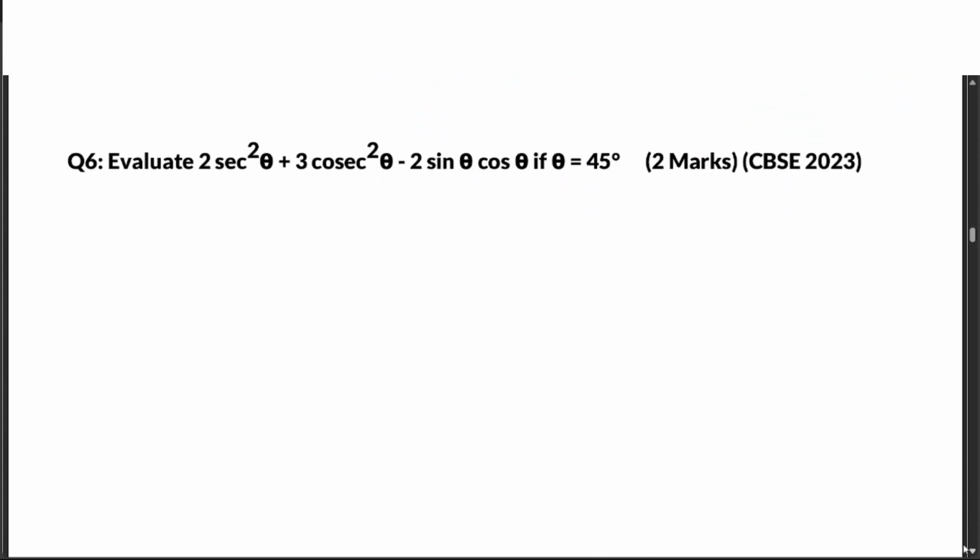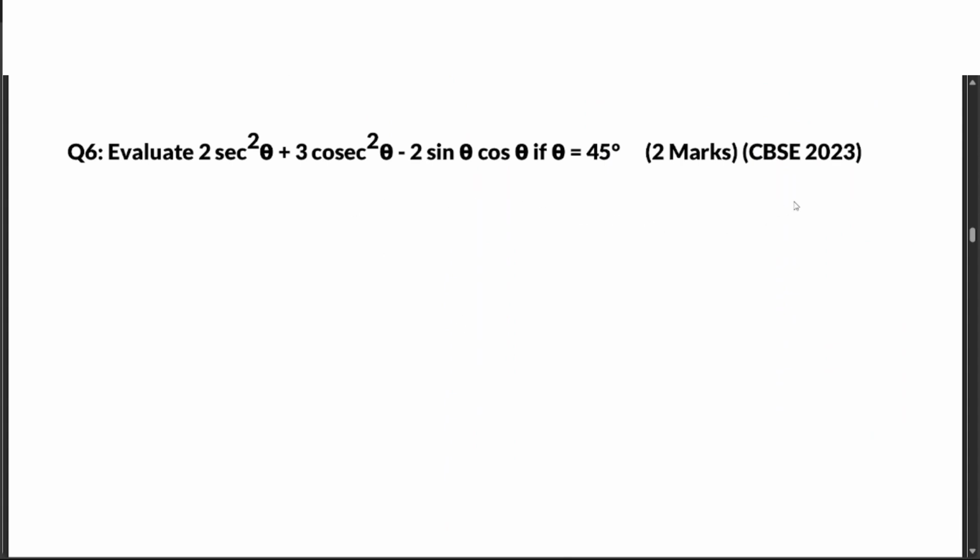Now coming to question number 6 of 2023, that is a 2 marks question. Okay, so question is very simple. Again it is saying evaluate, so your table should be remembered. Okay, so it is saying 2 sine square theta plus 3 cos square theta minus 2 sine theta cos theta if theta is 45 degree.